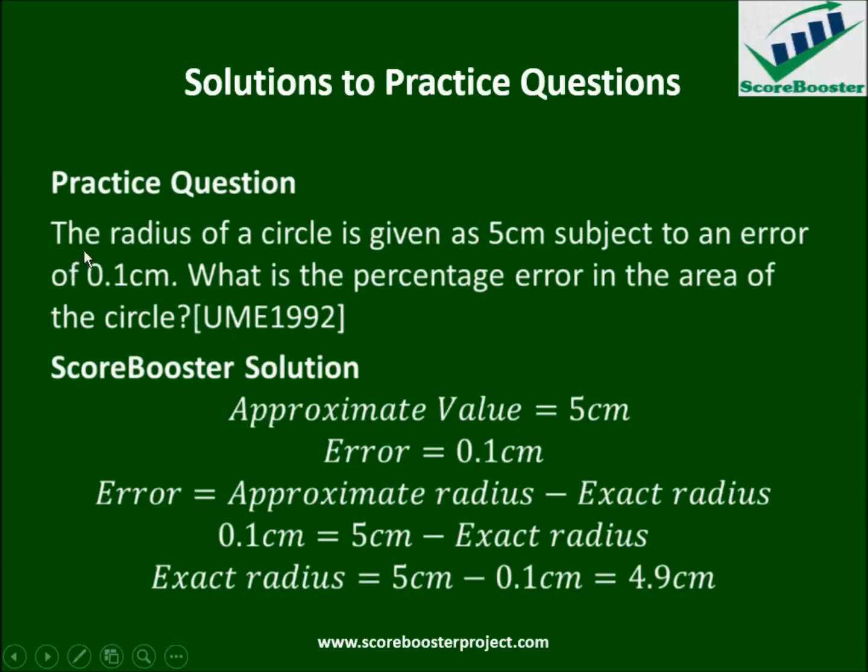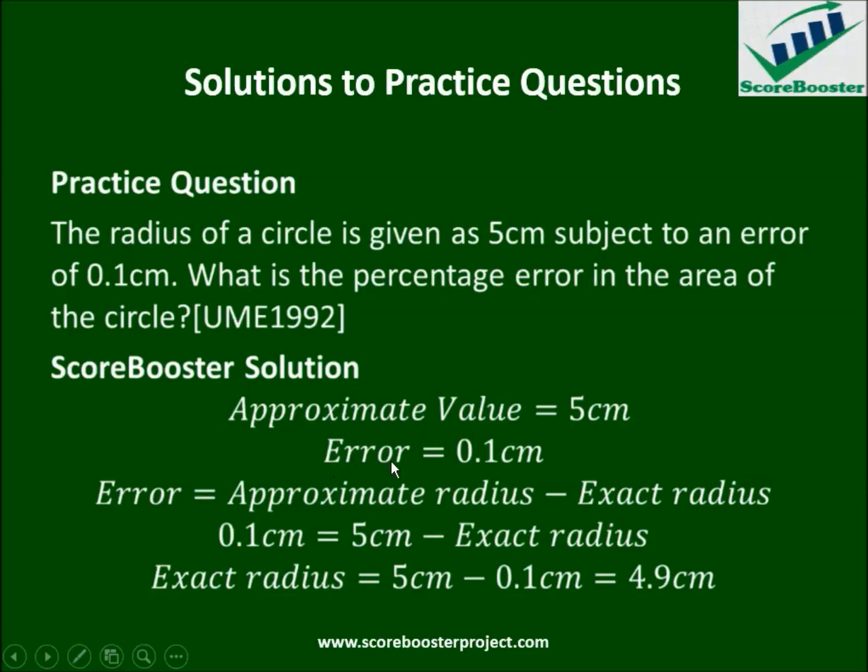The radius of a circle which has been subjected to an error is an approximate value by definition, so the approximate value is 5 cm, and the error has been given to be 0.1 cm. Now we're asked to find the percentage error in the area of the circle.